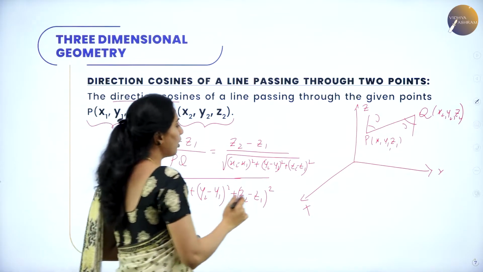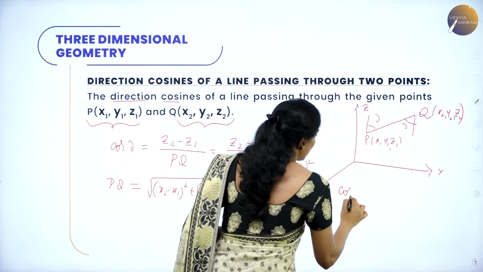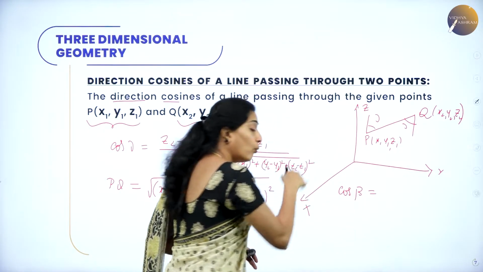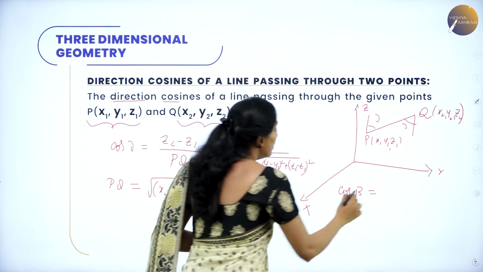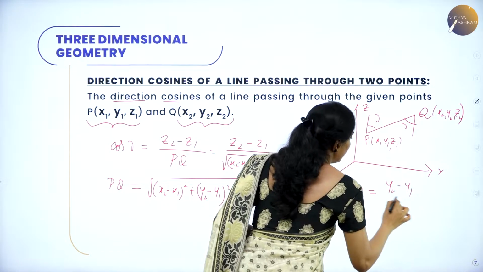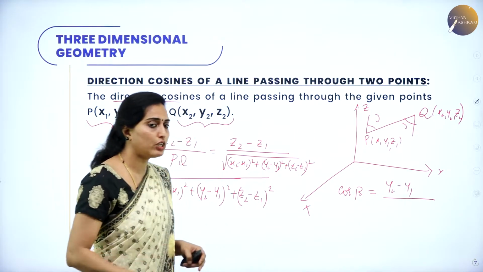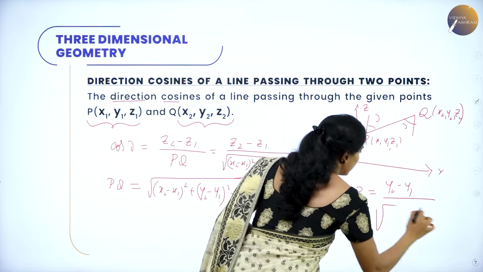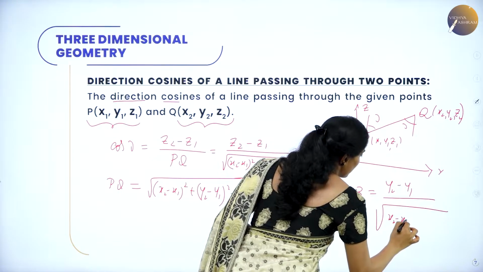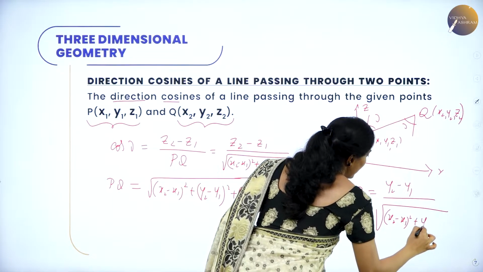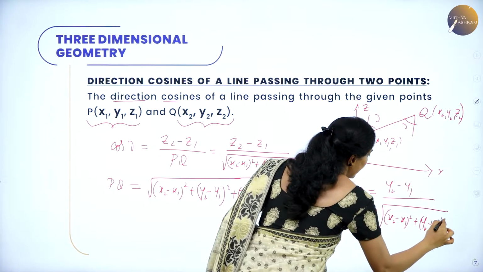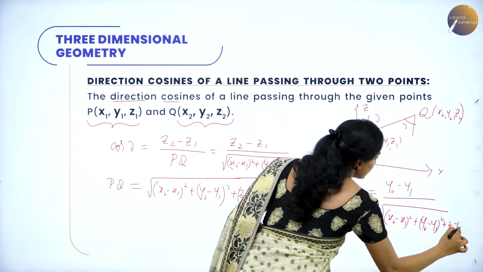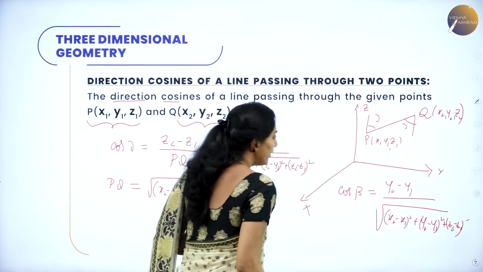Similarly, cos beta is nothing but, along the y-axis, y2 minus y1 divided by PQ. And PQ is nothing but the root of x2 minus x1 whole squared plus the y coordinate difference and the z coordinate difference. That's it. This is along the y-axis.